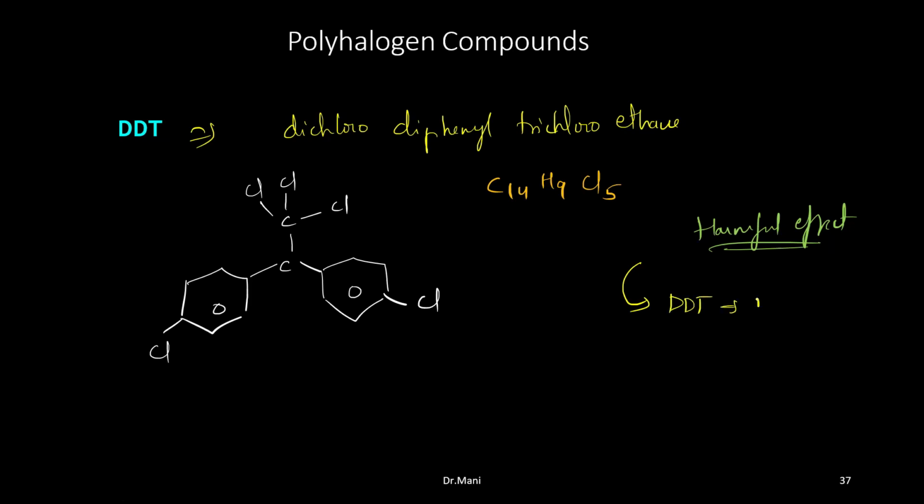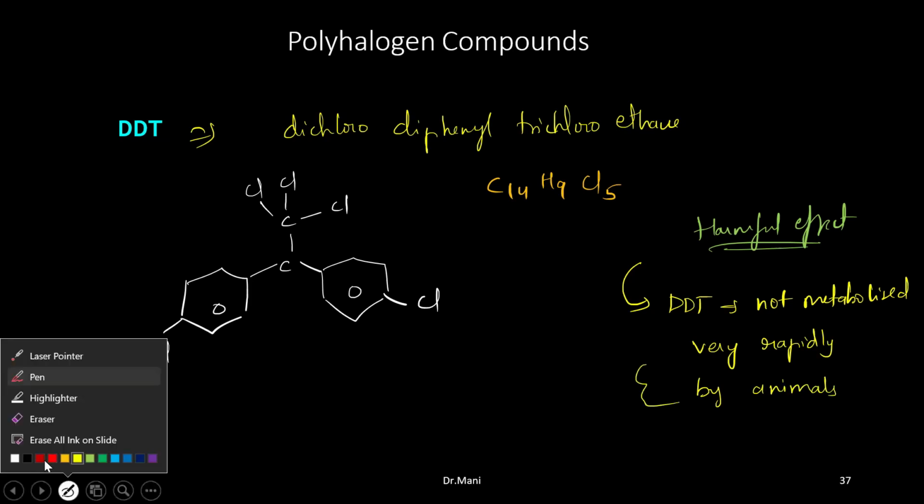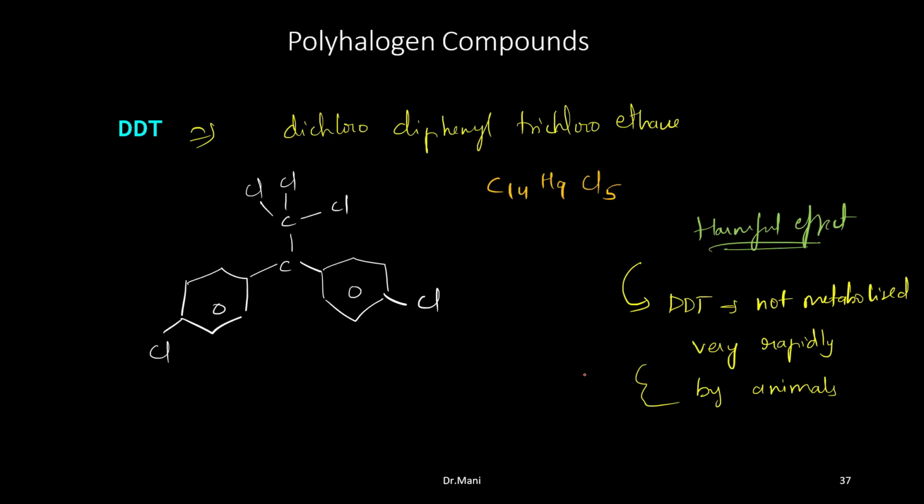So DDT is not metabolized very rapidly by animals. As it is not metabolized, it will be stored in the body itself, deposited in the fatty tissues, like in your skin and all, or in your liver. So deposited and stored in the fatty tissues.